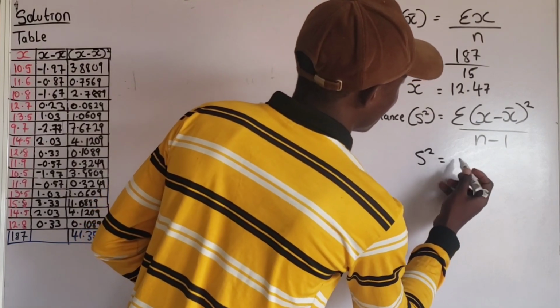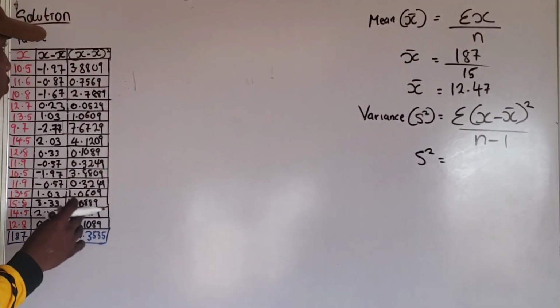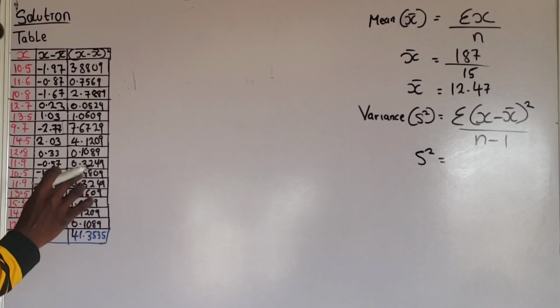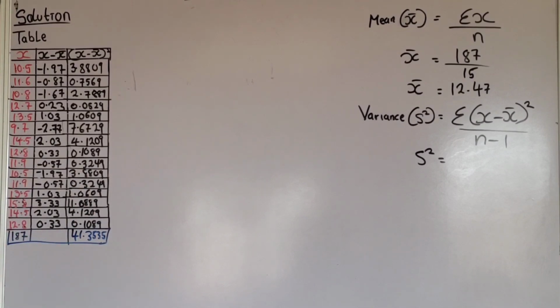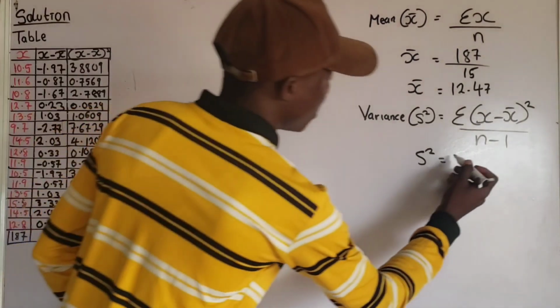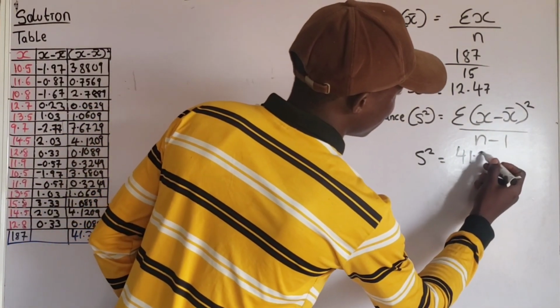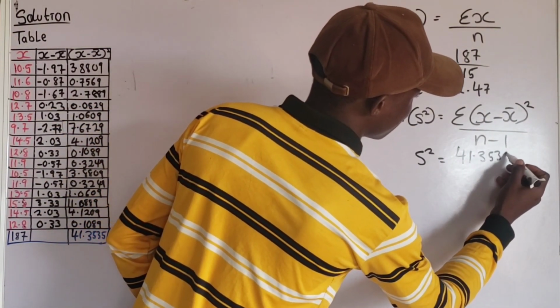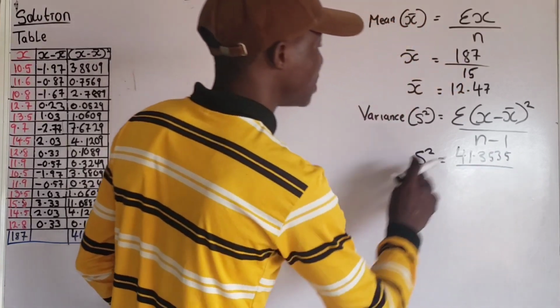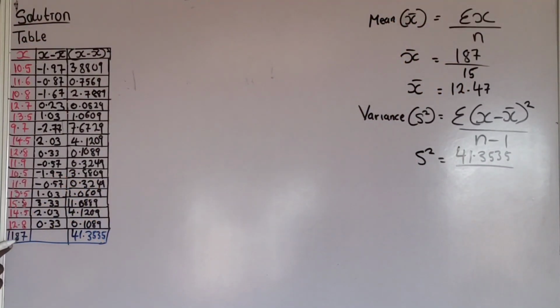s squared is equal to the summation of x minus x bar squared, all over n minus 1. The summation of this is 41.3535. So I'm going to have 41.3535 all over n minus 1. n is 15. Don't forget, n is the total number of samples.